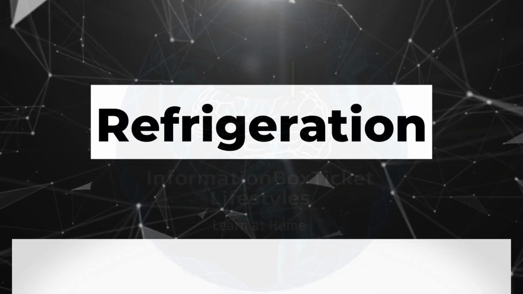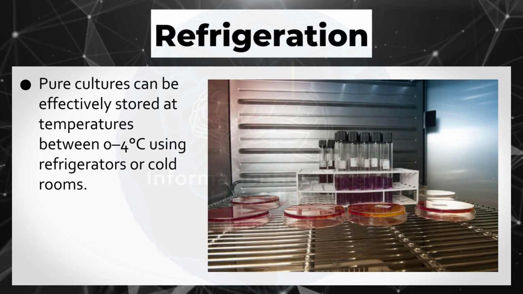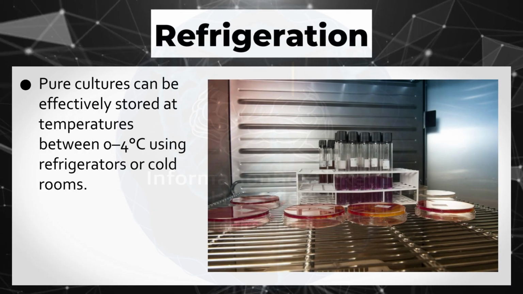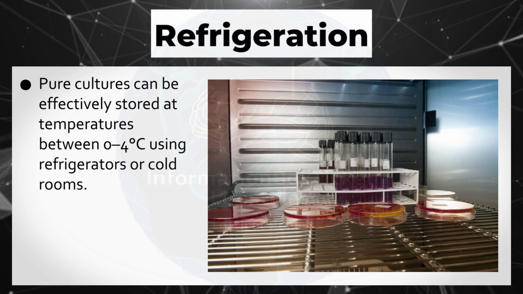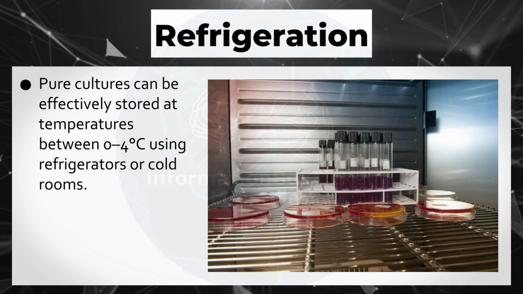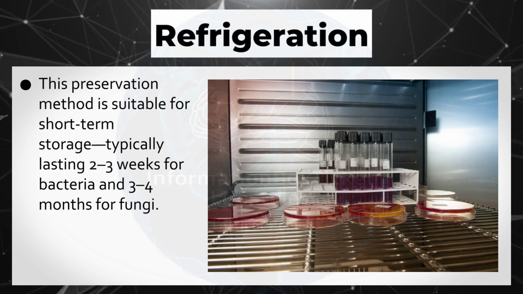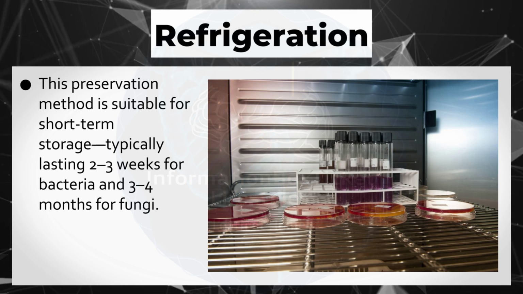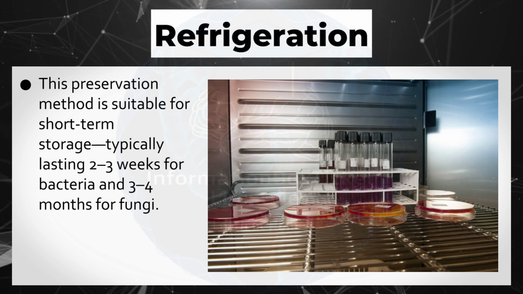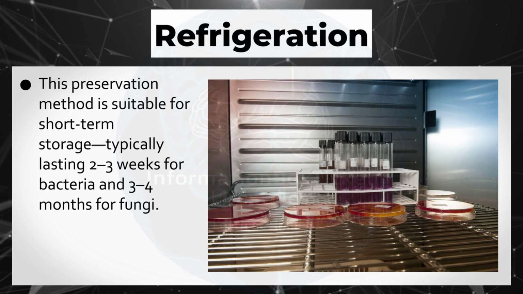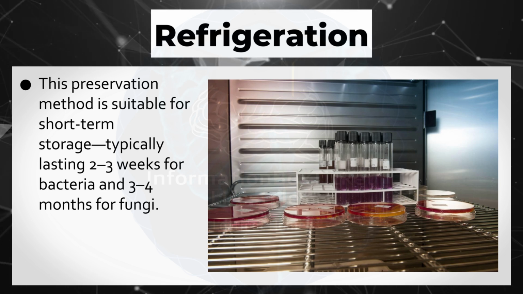Refrigeration. Pure cultures can be effectively stored at temperatures between 0 to 4 degrees Celsius using refrigerators or cold rooms. This preservation method is suitable for short-term storage, typically lasting 2 to 3 weeks for bacteria and 3 to 4 months for fungi.